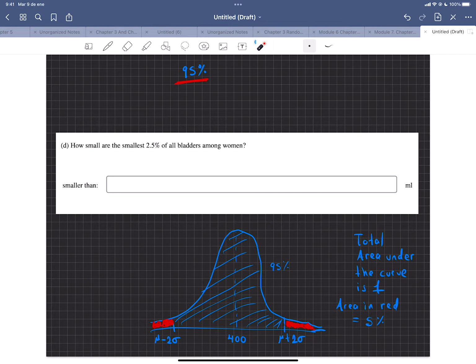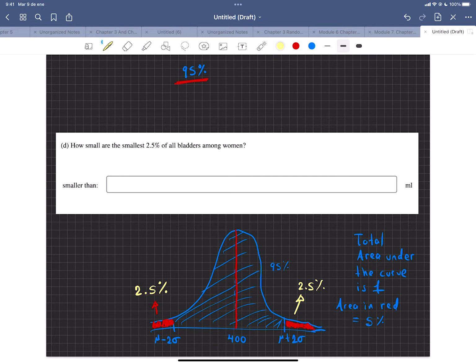But since we have symmetry, this area should be the same as this one. So here we have 2.5%, I'm sorry, 2.5%. And here we have the same, 2.5%.